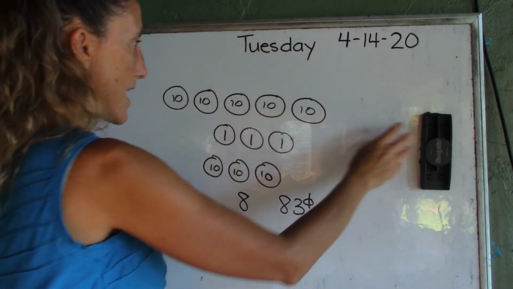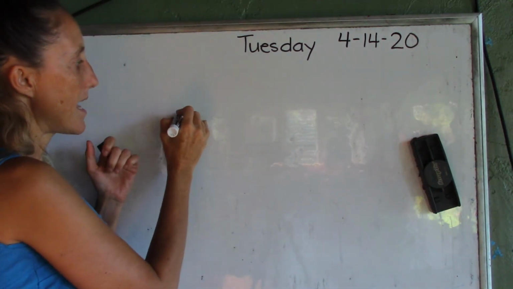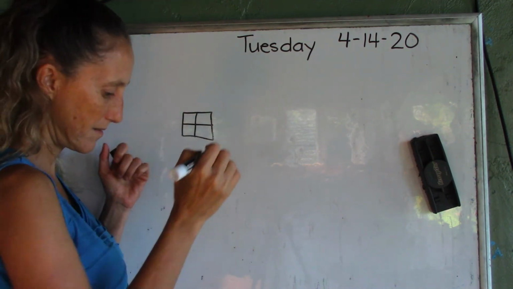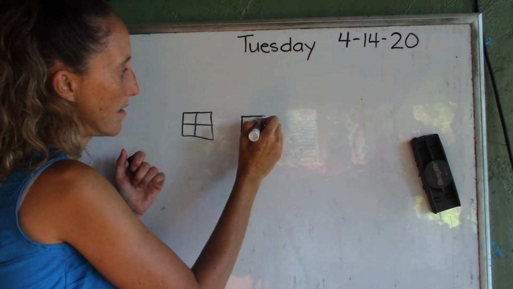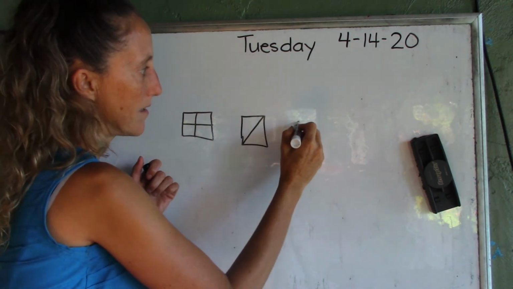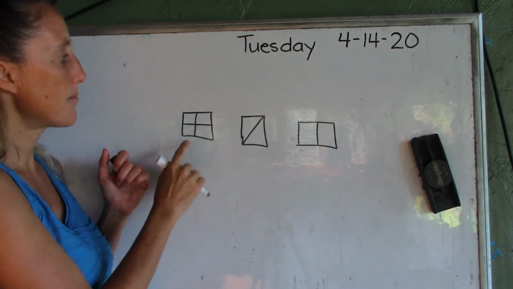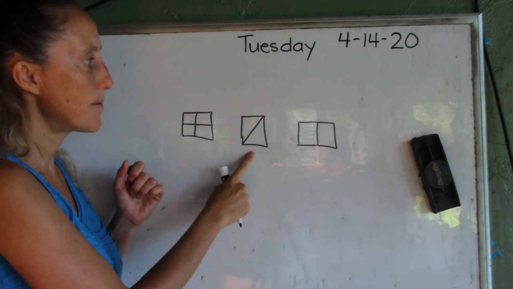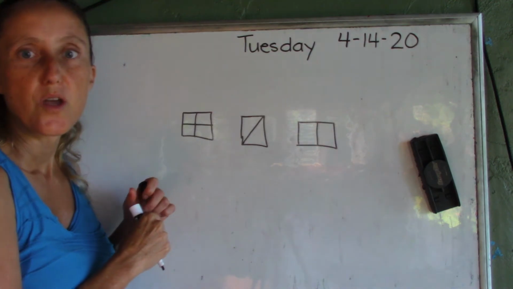Okay. Now, let's say I have these 3 shapes here. I have this shape, which is divided into fourths, and this shape, which is divided in half, and this other shape, which is divided in half.